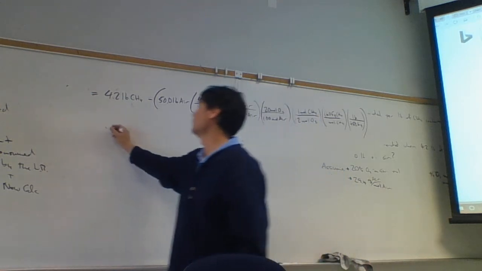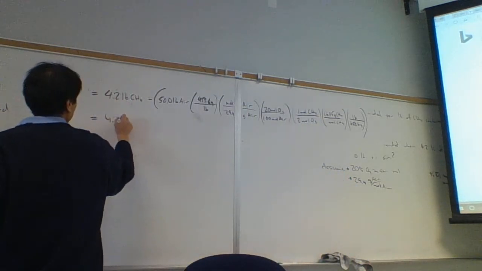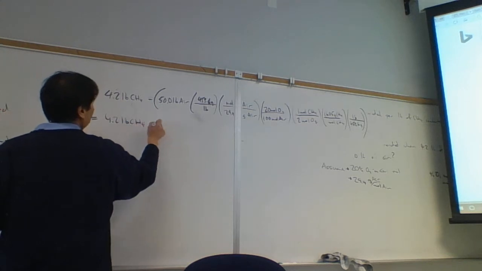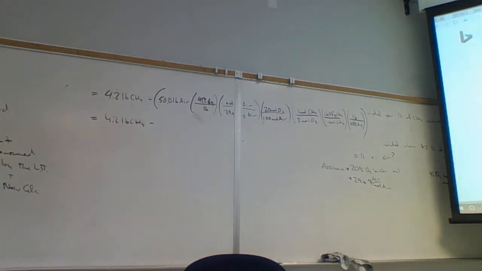And so let's figure out what that number comes out to. So it's going to be 4.2 pounds of CH4 minus how many pounds of air. So I'm going to take 50 times 453 divided by 453, which is going to give you the same.